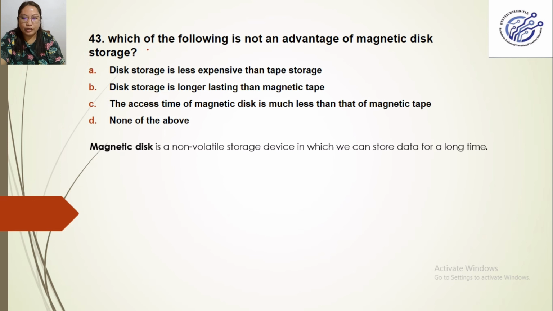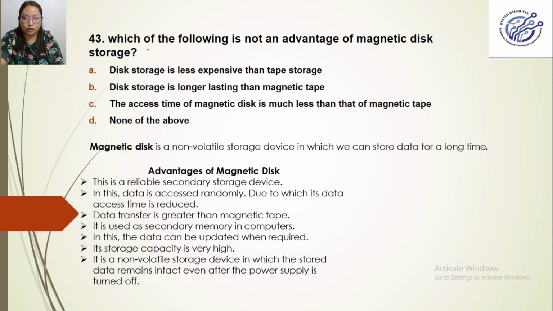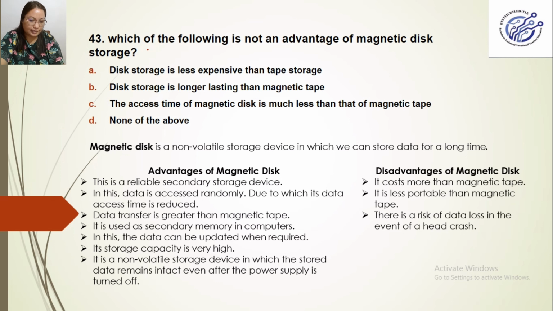So, again, yung magnetic disk natin is a non-volatile din siya na storage device in which we can store data for a long time. So, ano po yung ating advantages? So, ito po yan. Hindi ko na po yan sila isa-isahin. Pwede nyo po again na i-screenshot yan. So, tingnan po natin. So, yung disk storage is less expensive than tape storage.